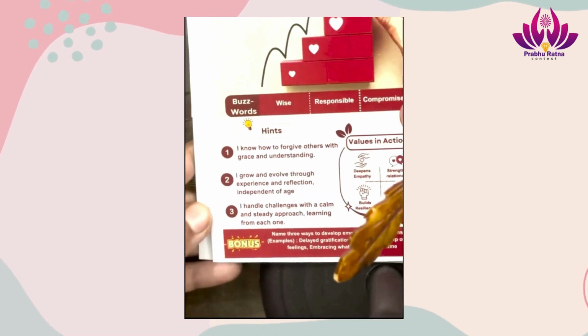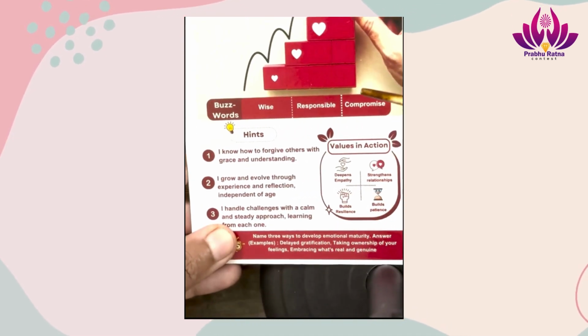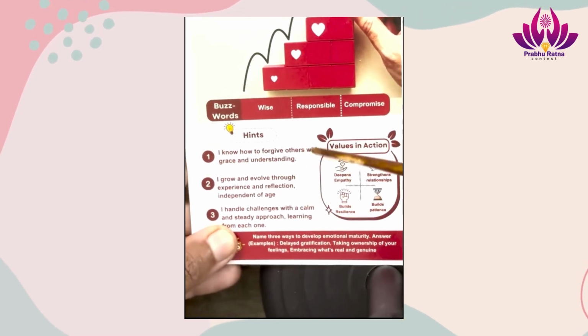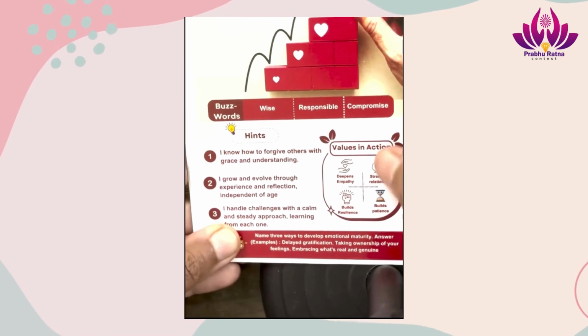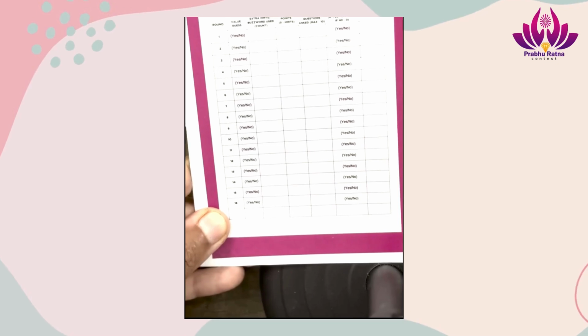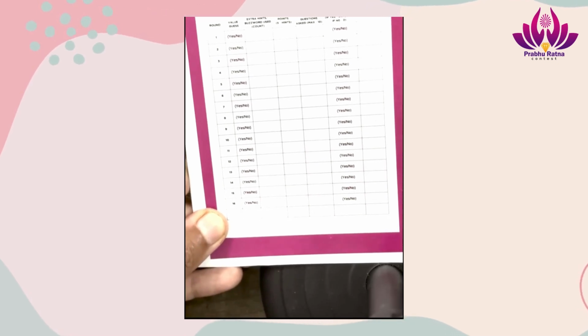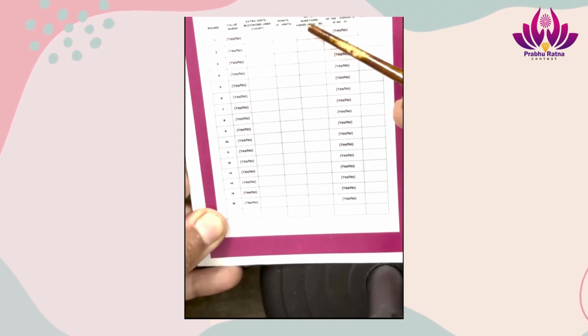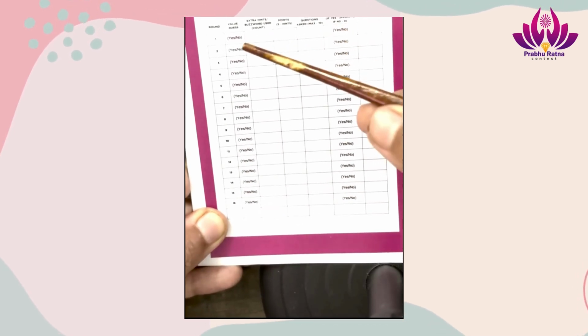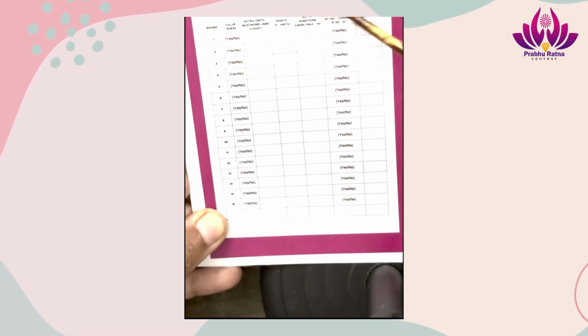But in this case, my friend asked for 1 extra buzzword and 1 extra hint, which means out of 5, 2 points would be deducted and she would get 3 points here. After which she made a guess and she guessed the right value.